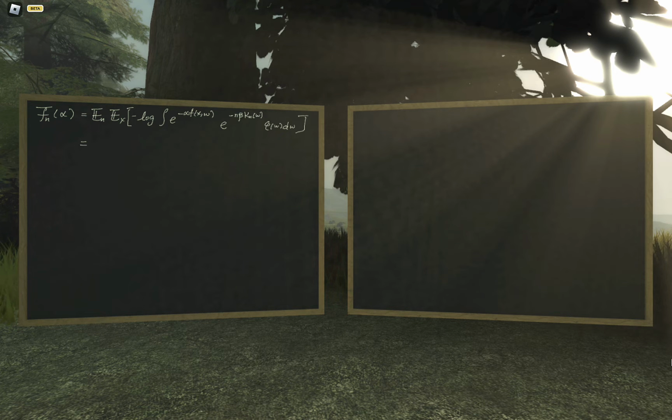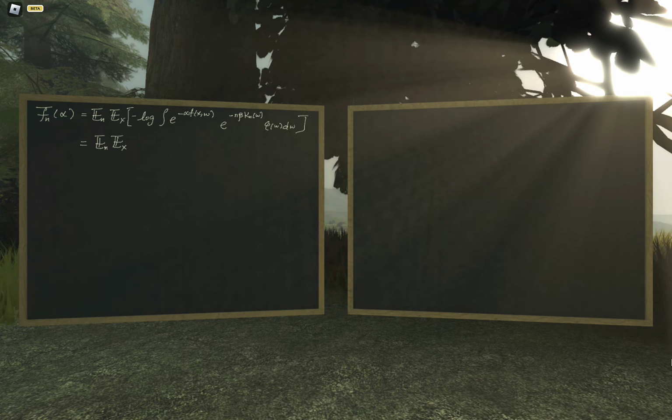If you multiply and divide by the normalized evidence, you can rewrite this by taking that inside here, and that becomes a posterior average, and then you acquire another term out the front.